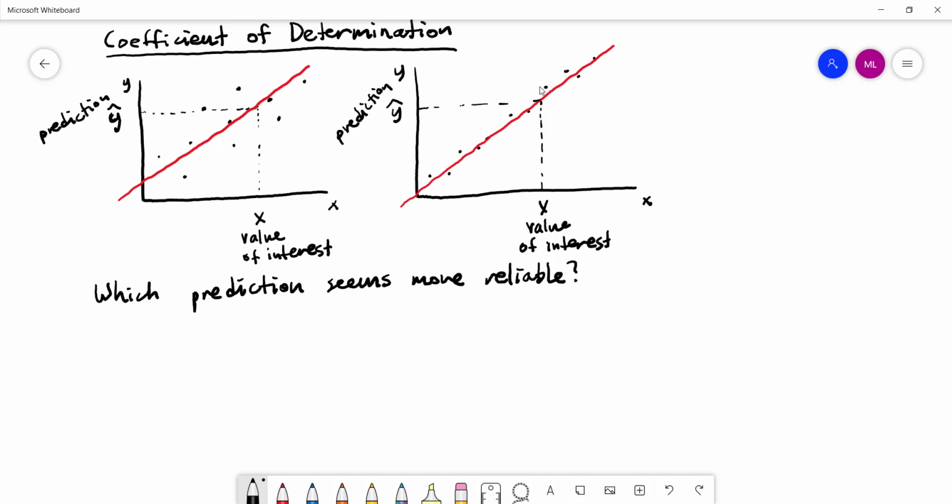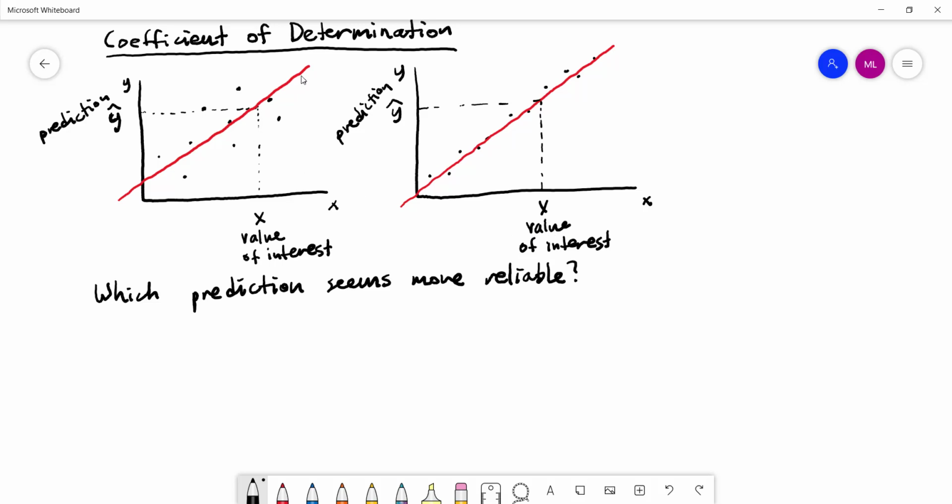So this would have a higher correlation coefficient than this one. It also tells me that this is probably a better prediction over here on the right. Because the points are so close to the line, it's probably a pretty good prediction of the results of some new x value of interest that we don't have a y value for.